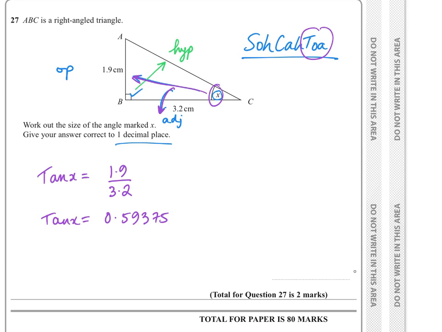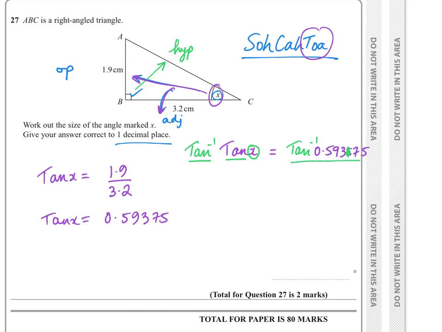But we want to find X. So mathematically, what we're really doing is we're finding the inverse of tan to find the actual angle. So what we're actually doing to both sides, let's just get this bit right here, put a 5 in here, which wasn't there. We're going to tan minus 1 of both sides, and if we do the inverse tan of tan, we're just left with the angle.